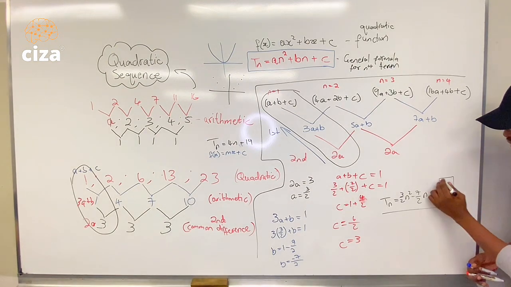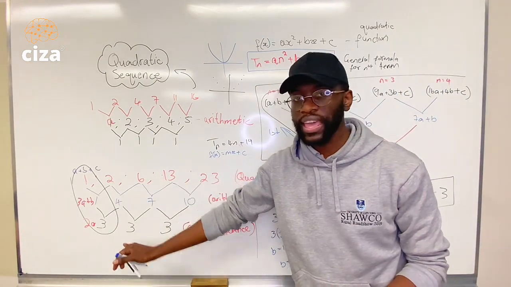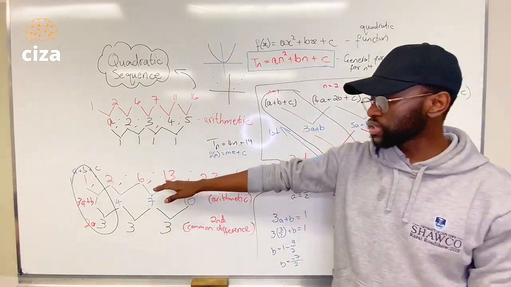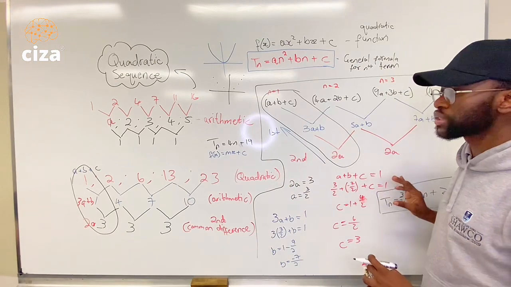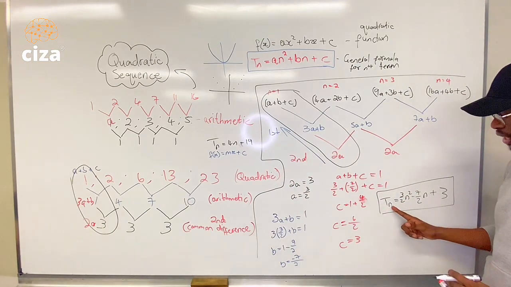Now, this is the general formula for the nth term for this sequence. And every time you are given a quadratic sequence, you are just going to use that method that I just used to find the nth term, the general formula for the nth term.